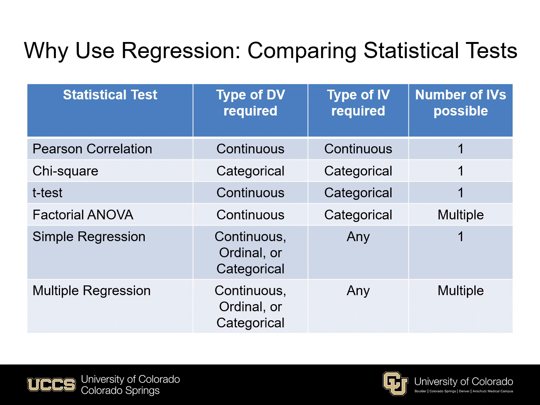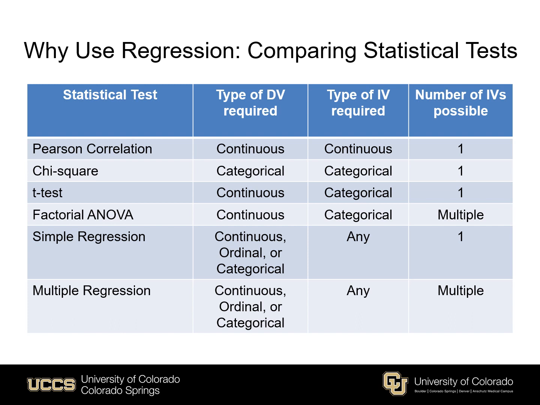So not being able to have a second independent variable tested is really the main limitation of these first 3 tests. Now, the factorial ANOVA does allow for multiple independent variables, but it still has the limitation that the dependent variable must be continuous and the independent variables must be categorical.